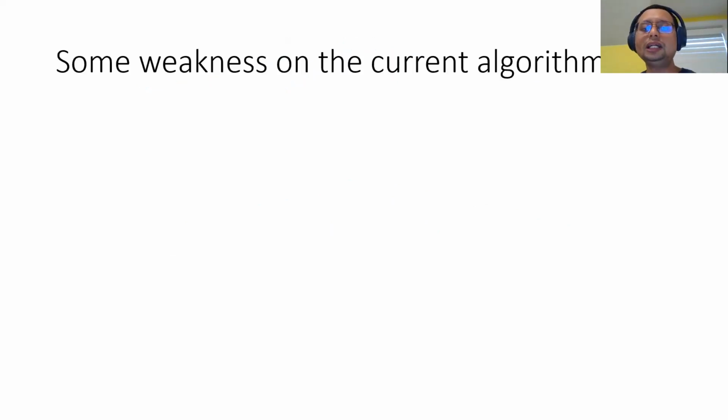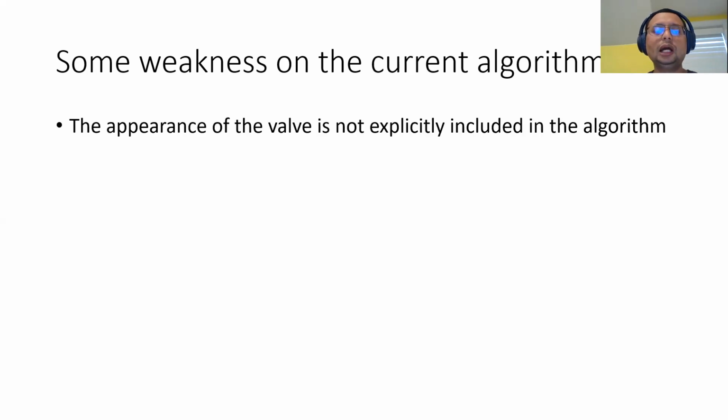Now, I want to touch on some weaknesses of the current algorithm. I have been working on prosthetic valves for the past year here at Mayo Clinic. We have finished a manuscript in which we try to improve the assessment of the current mechanical valve. Number one, if you look at the algorithm, it is all numbers.